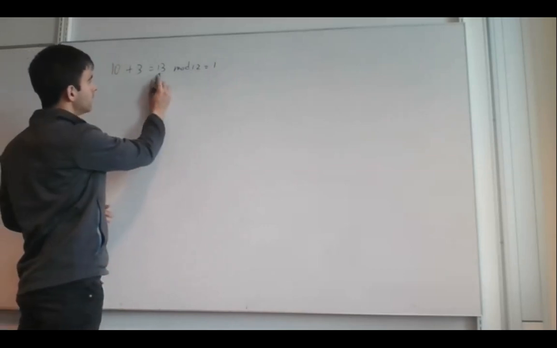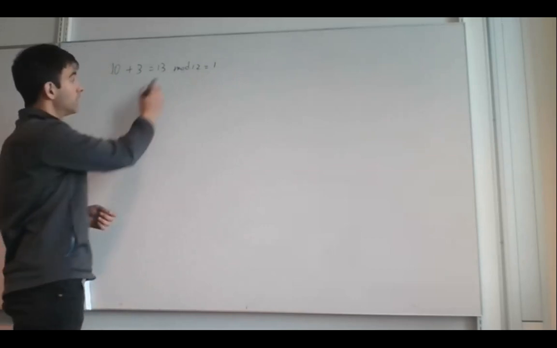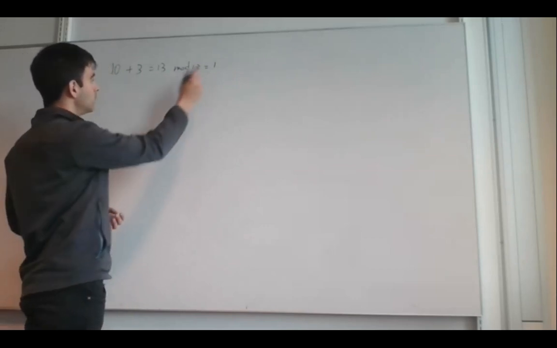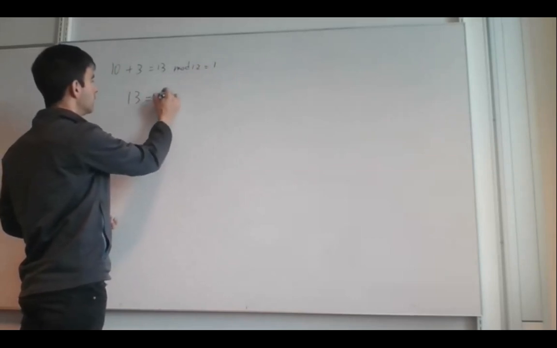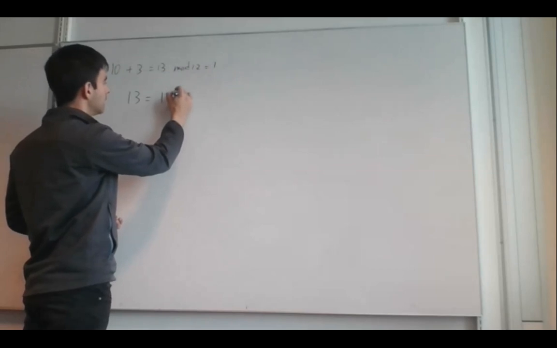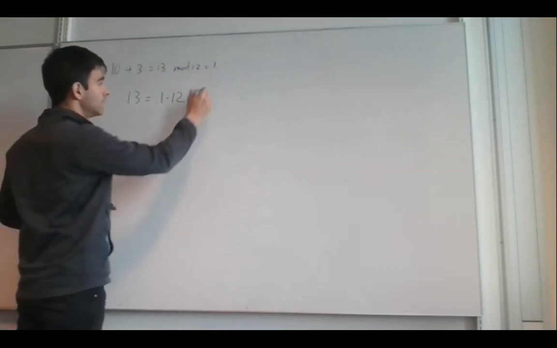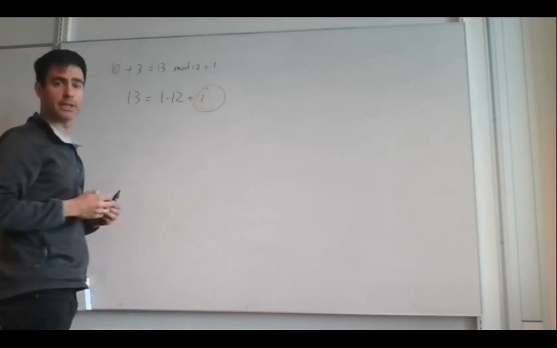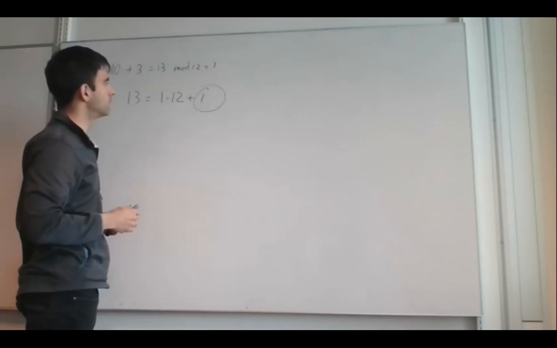So we say that 13 and 1 are equal, 13 modulo 12 is equal to 1. How did we get to this number? We got to it by saying that 13 is equal to 1 times 12 plus 1. So this is the remainder. This is the part we're interested in, which is the one that is popping up here.